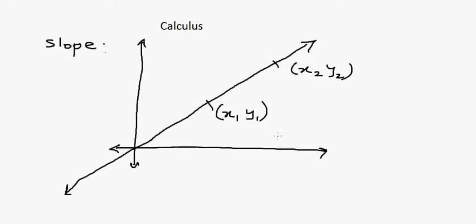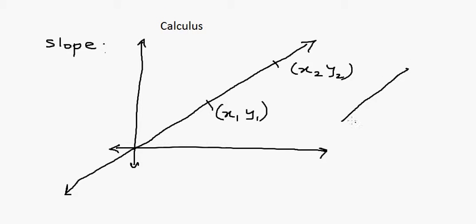So this height is y2, and this length is x2, and same for this point as well. This is y1 and this is x1. So what am I doing over here? I'm traveling from this point to this point.